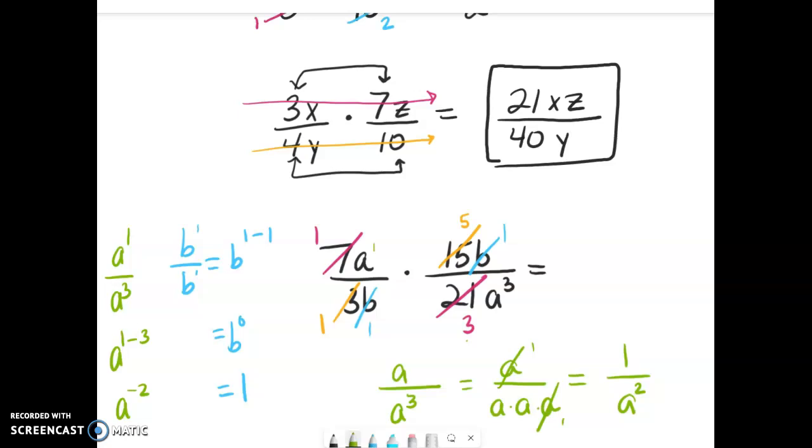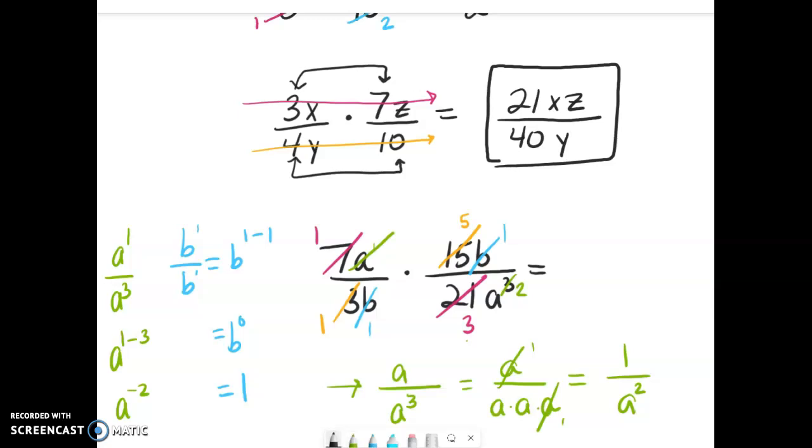We know that a to the negative second in the numerator would move to the denominator and become 1 over a squared. We just don't want to miss this 1 over. If you do it in this form, then you don't want to just write a squared because it's not. It's 1 over a squared. So I'm going to cancel this out, and this will make it a squared.